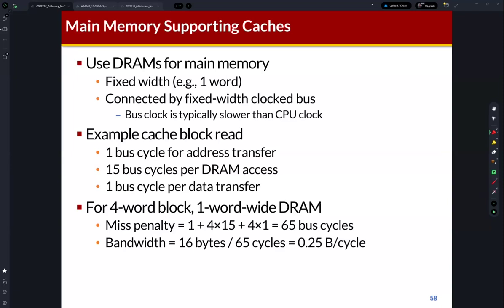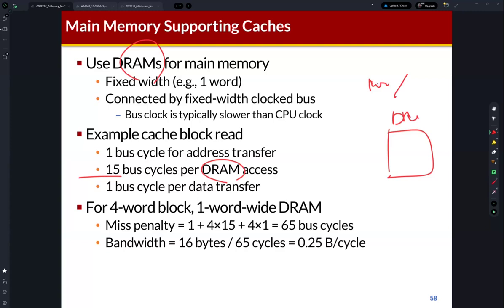In this example, we use DRAM, and we assume that the access latency for the DRAM is 15 cycles, and that we can read the DRAM 1 word per access.